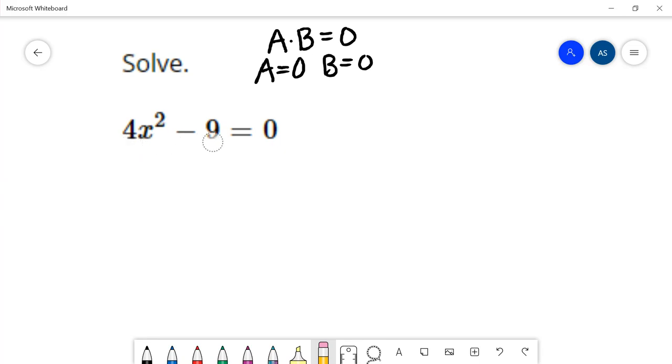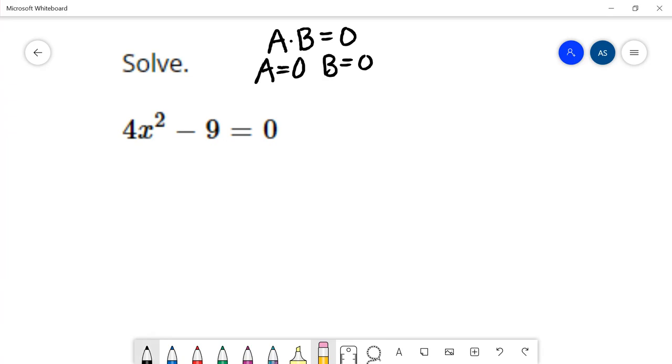There is no greatest common factor here, so I'm going to count how many terms I have. I have 2 terms. And usually when you have 2 terms, you're going to use one of your special factoring patterns. My clue is that I have a squared, and then 4 is a perfect square, and 9 is a perfect square.